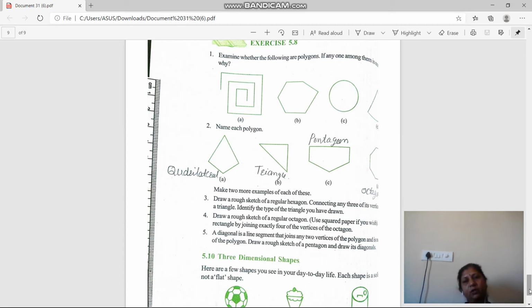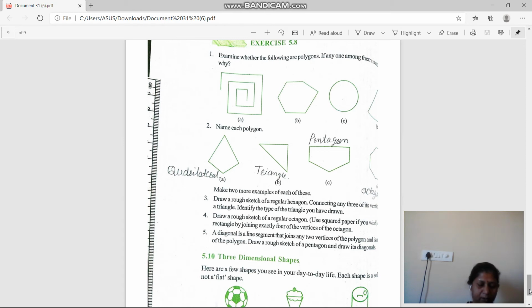A flat surface is called a face. Two faces meeting at a line segment is called an edge. Three edges meeting at a point is called a vertex. Get it? So see the upper figure on page number 109. It shows what is a face, what is an edge, and what is a vertex.